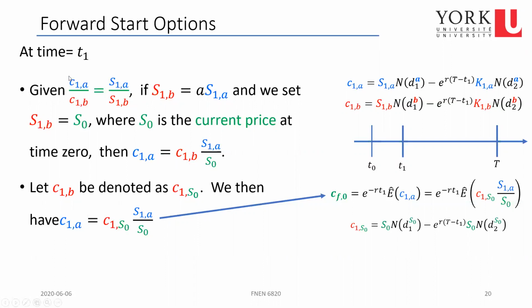And basically, the call price if scenario A is materialized at time 1 would just be this call price if scenario B is realized, which in this case is really the current price of stock, which we can express this way, times this thing here.